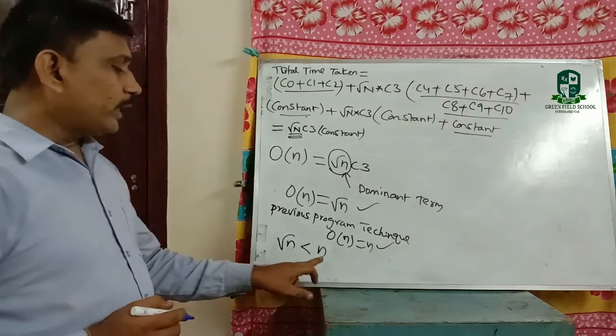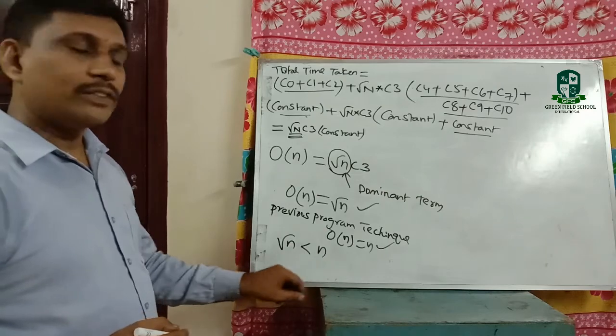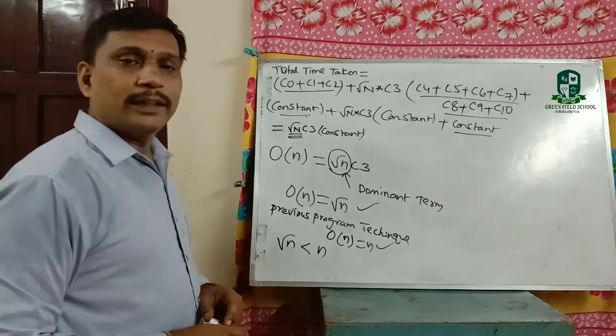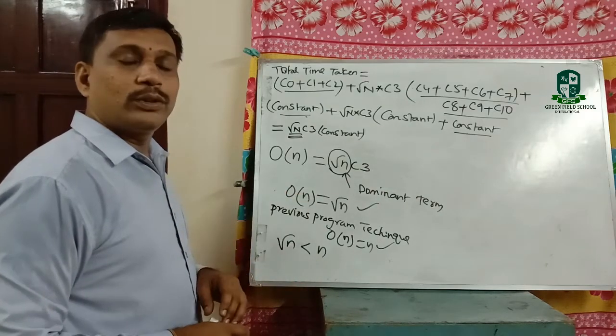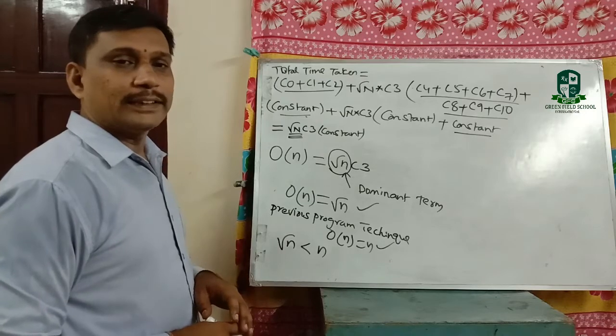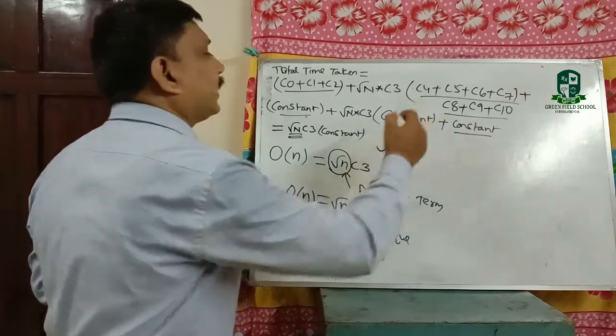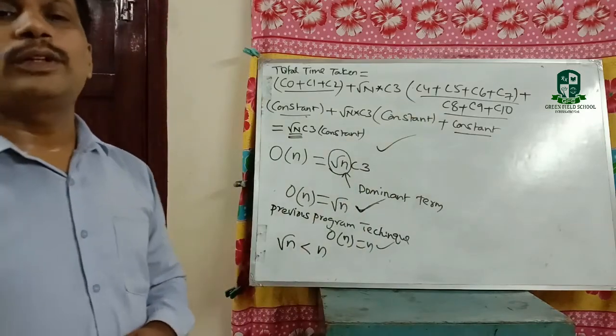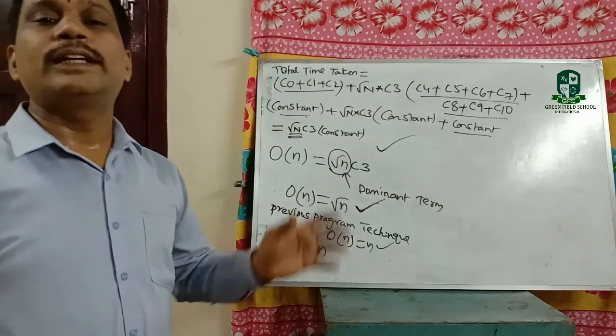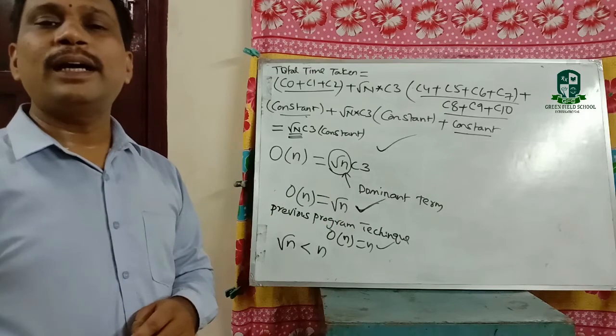So of these two techniques, which one is the best? Root n. This technique is the best one to compute whether the given number is prime or not.